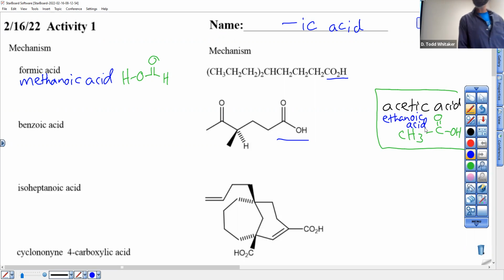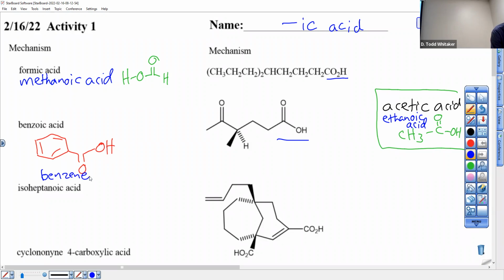Benzoic acid, also a common carboxylic acid. It has the phenyl, and then the carboxylic acid. Its alternate name, which we need to learn: you can name the molecule that's not the carboxylic acid, just the ring, and that's benzene.